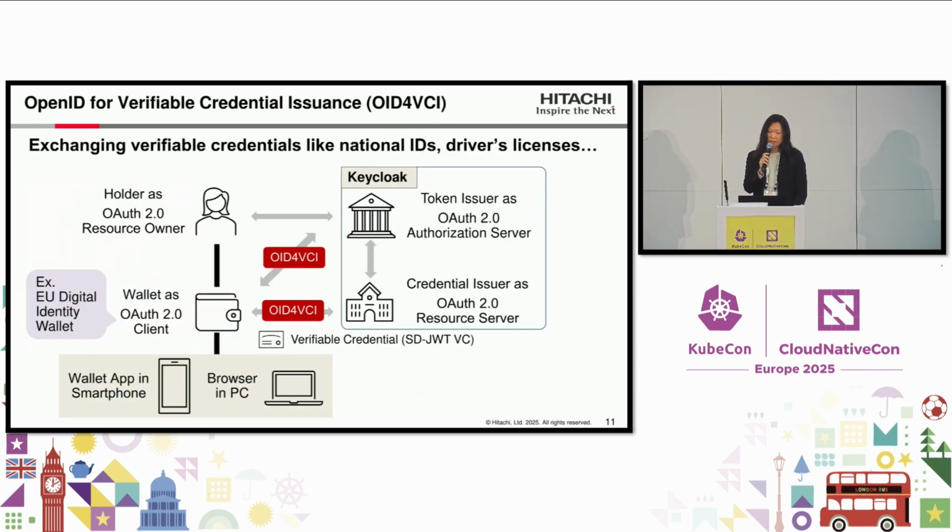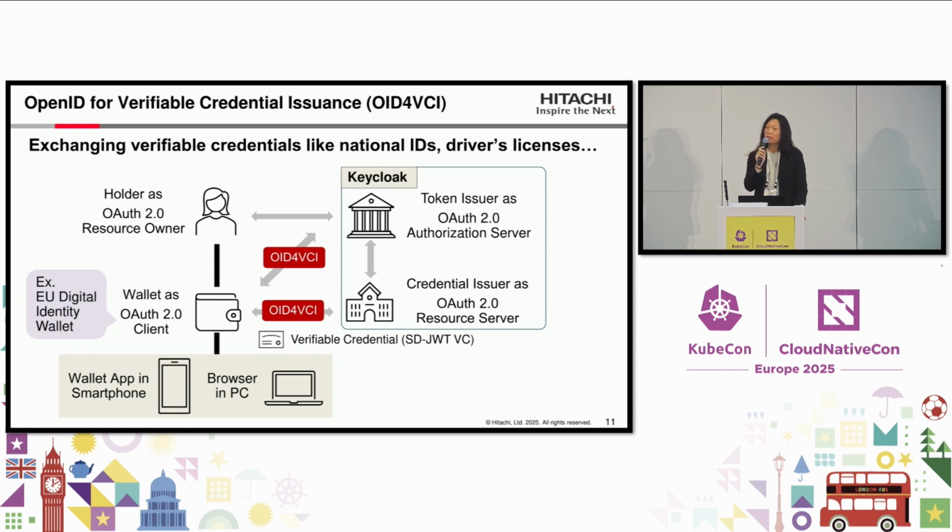The second feature is OID4VCI. Before introducing OID4VCI, I would like to tell you briefly the background and why the OID4VCI specification was developed. As you might know, EU citizens will be able to use the EU Digital Identity Wallet, called EUDI wallet.